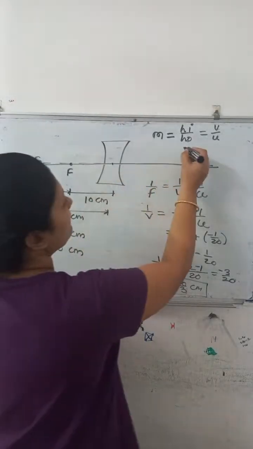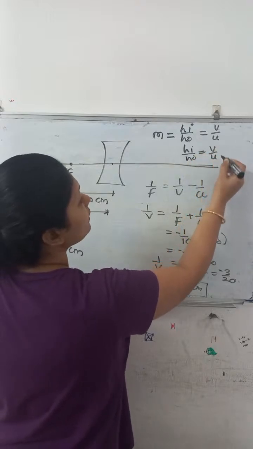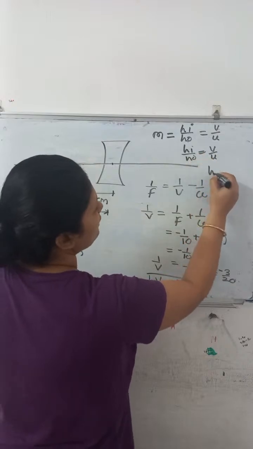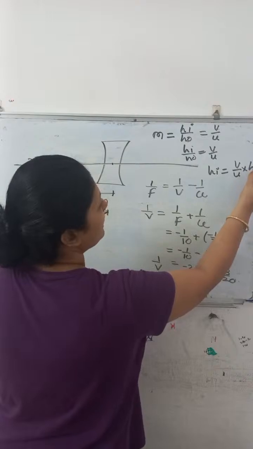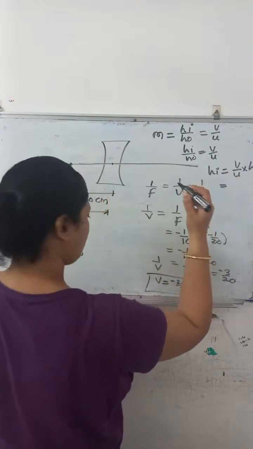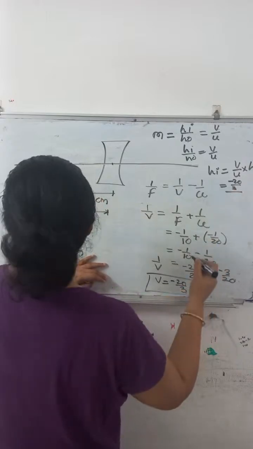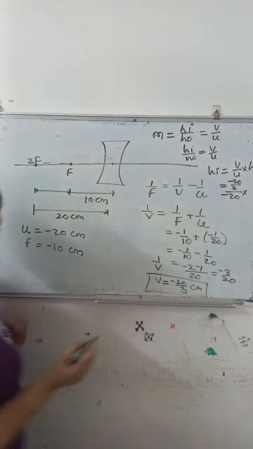I will take HI by HO is equal to V by U. I want to find HI, so HI is V by U into HO. V I have is minus 20 by 3, and U is minus 20, into HO.